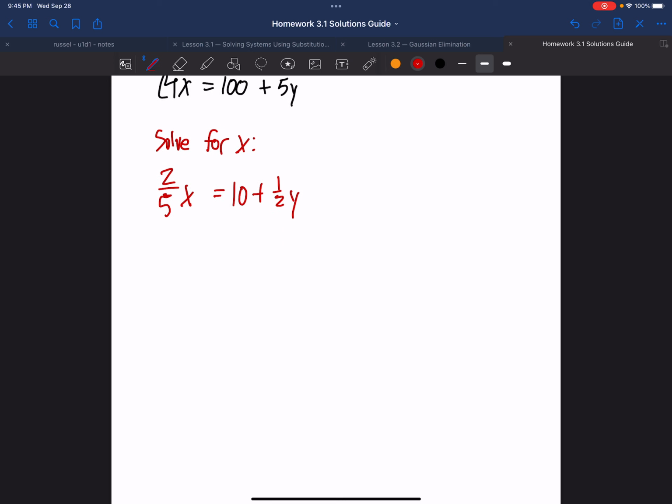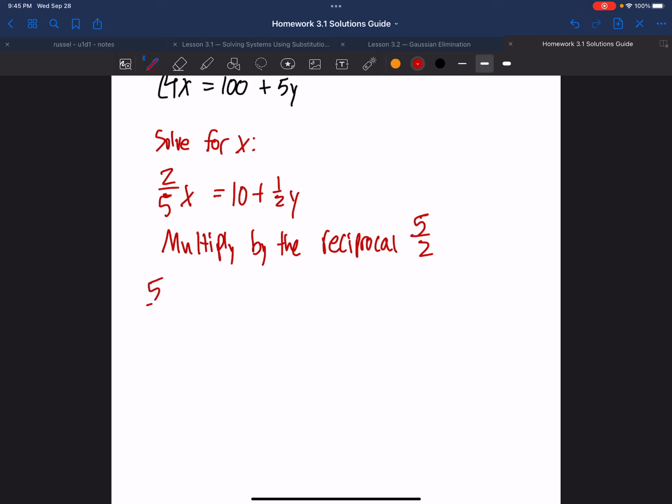Well, we talked about this pretty early on in the semester, and some of you knew this, some of you didn't. But to get rid of that 2/5 as a coefficient on x, you multiply by the reciprocal. And the reciprocal of 2/5 is 5/2.